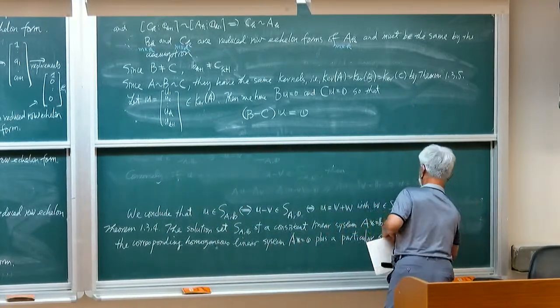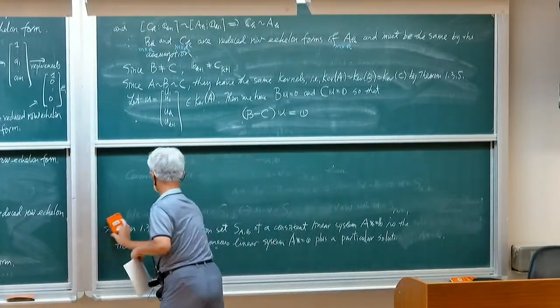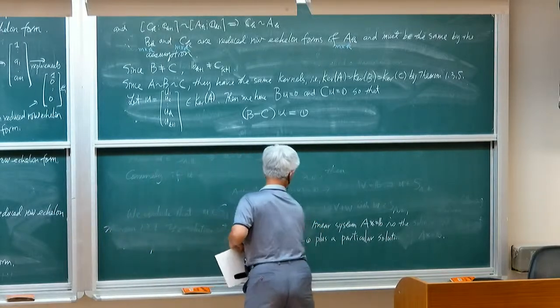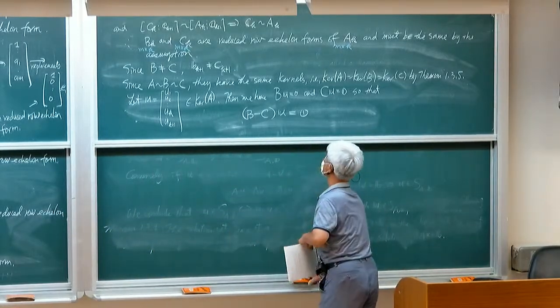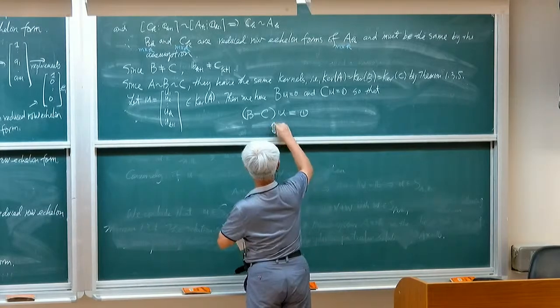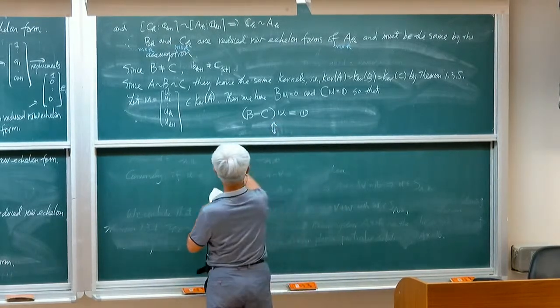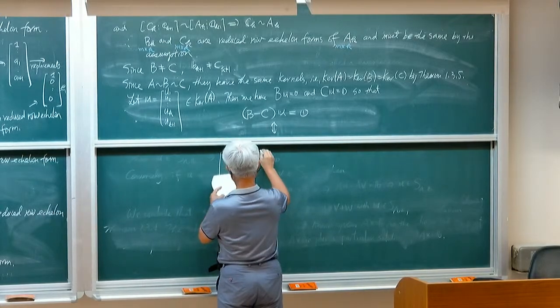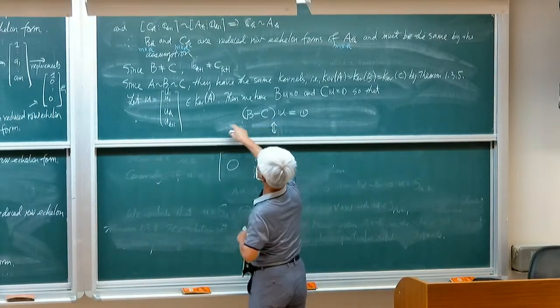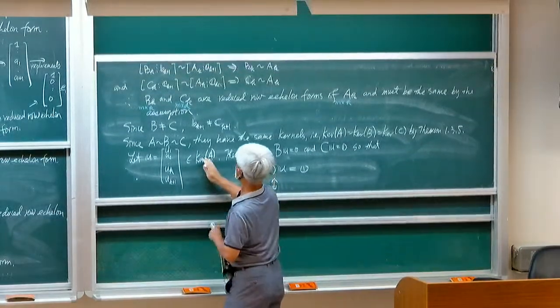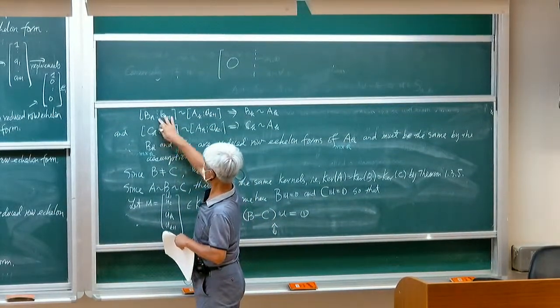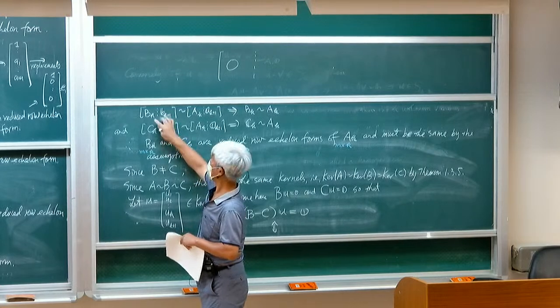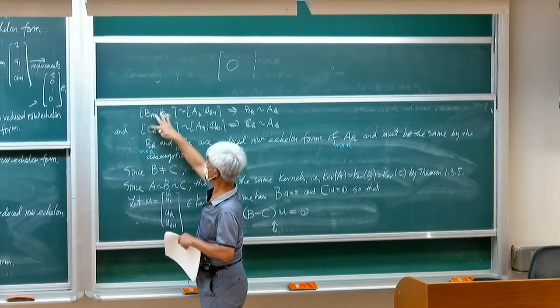So we look at the detail. When we take the difference between these two matrices, the first k columns cancel, so they are all 0.